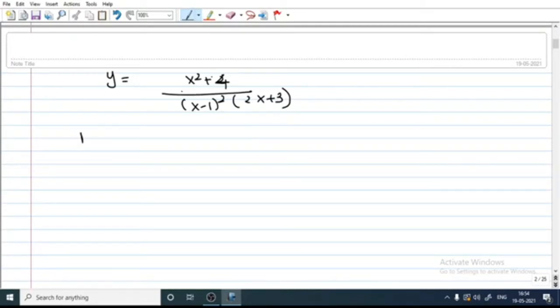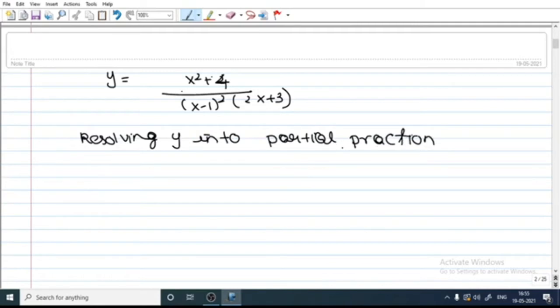Now resolving y into partial fractions. So how will we write y?